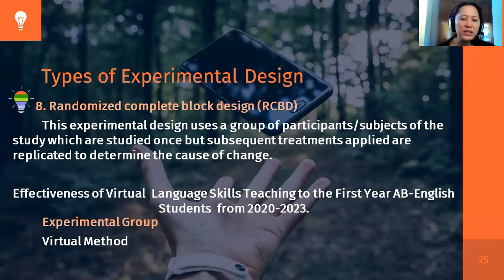So when there is a hypothesis by the researcher that the virtual method is more effective than the traditional method, you need to see that in the first semester of 2020, accepted, virtual method is better than the face-to-face. In the second semester, accepted, better than the traditional. The first semester of 2021, yes, accepted.